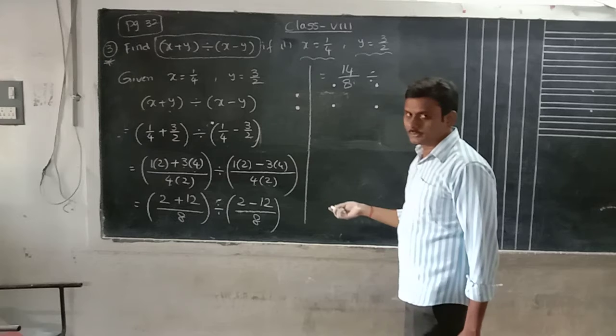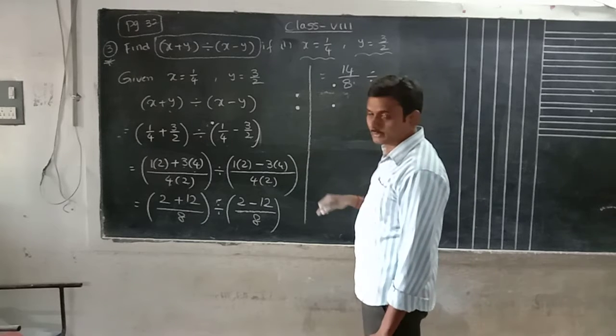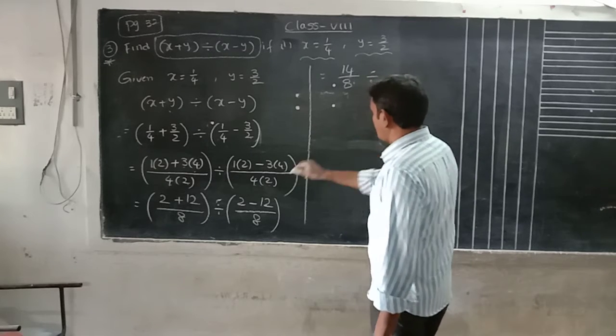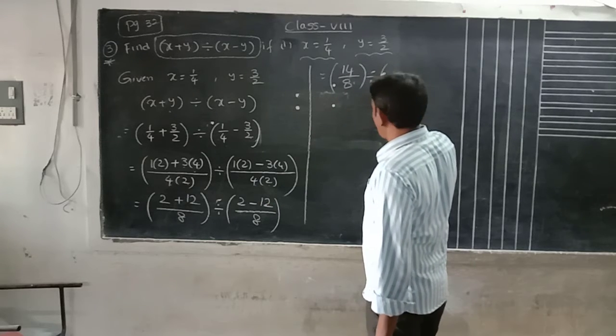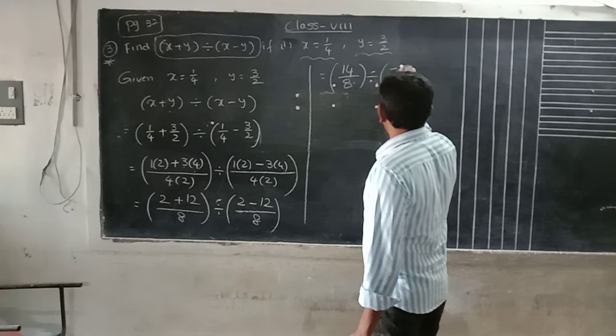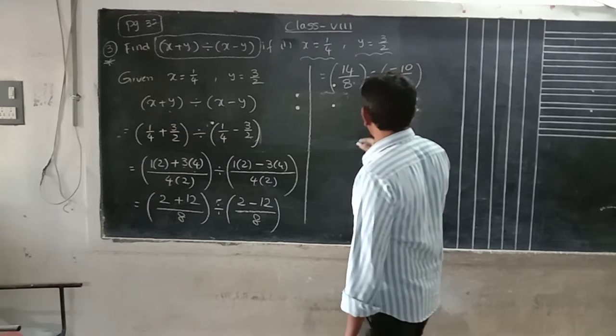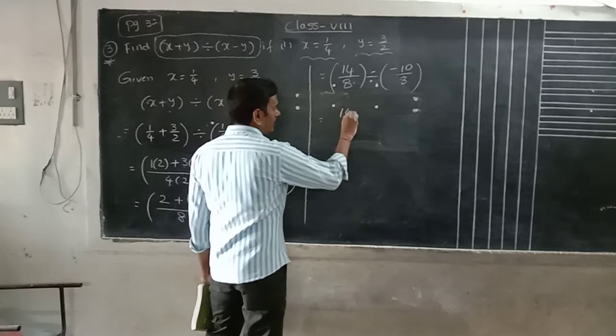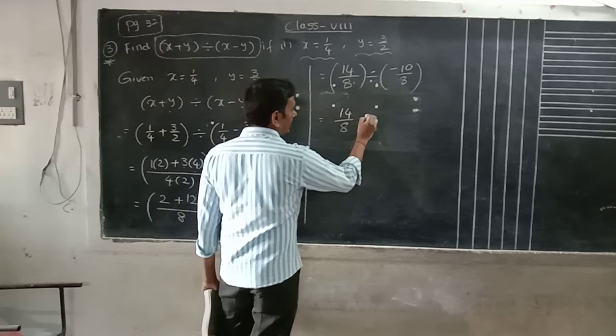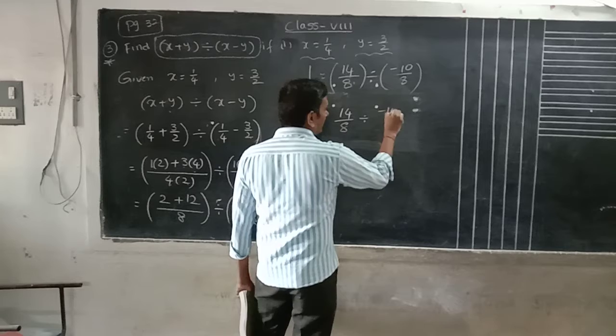There is no minus, so I directly remove the bracket. 12 minus 2 is minus 10, so minus 10 by 8. Same sign means plus only. 14 by 8 divided by minus 10 by 8.